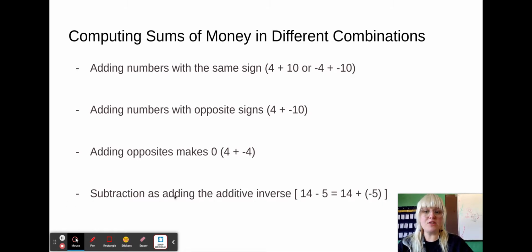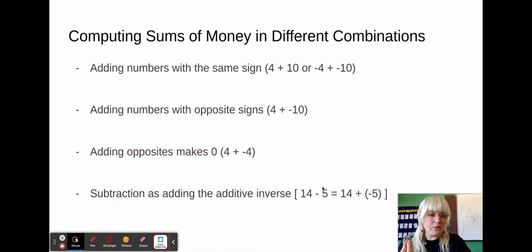And then we can also use subtraction as adding the additive inverse. So again, that additive inverse, that opposite number. So here's an example where we have 14 minus a positive 5. So 14 subtract 5 is 9. But we can also turn that into an addition problem by adding the additive inverse of positive 5.